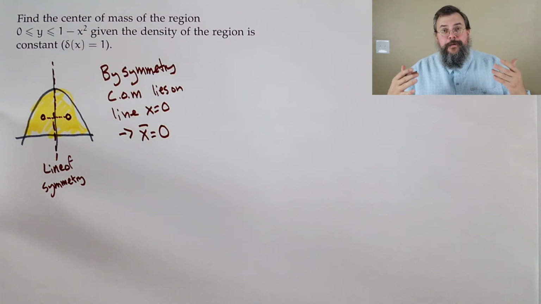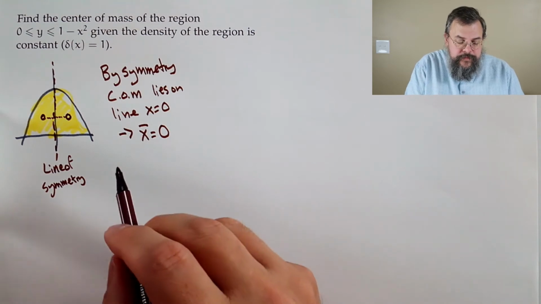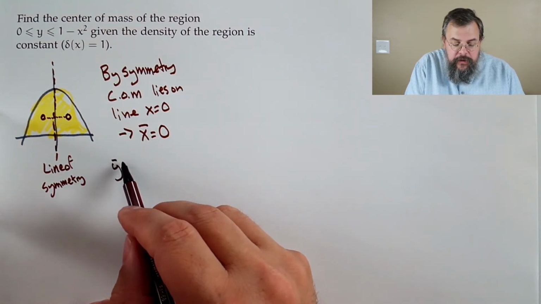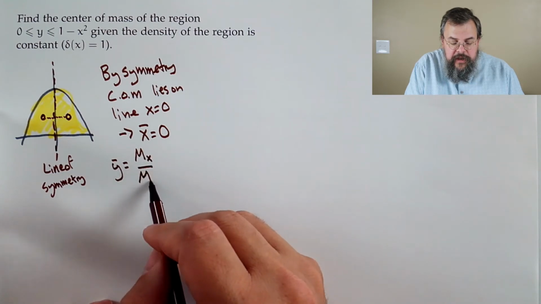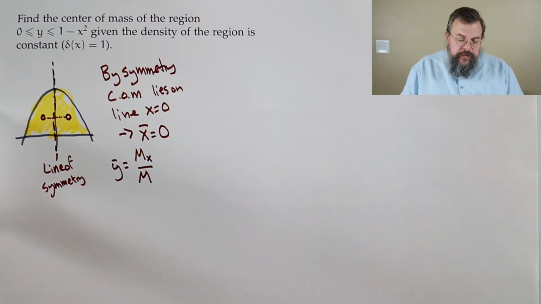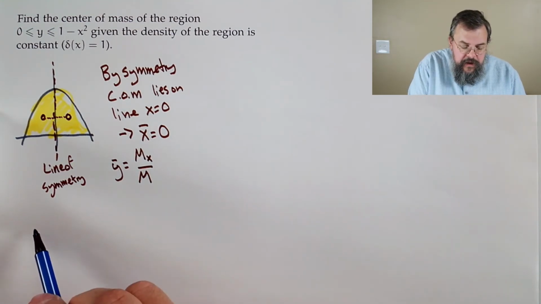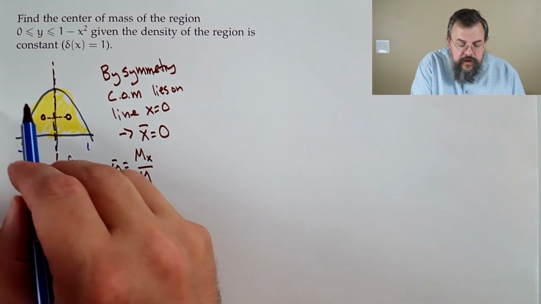And for that, well, we don't have any more symmetries. We've taken that as far as we can go. So for y-bar, well, it's our moment with respect to x divided by our mass. So let's begin. So what do we get? Well, what's our mass? Our mass will be, we'll mark some things here just for reference.